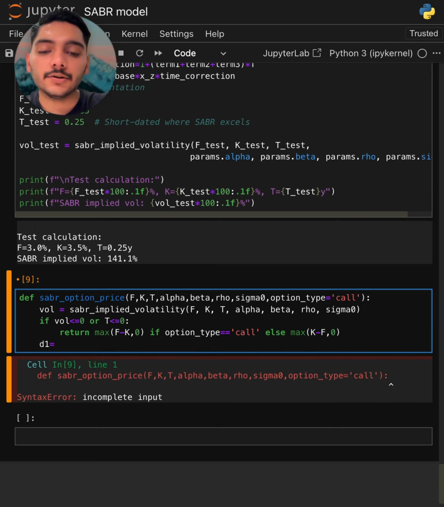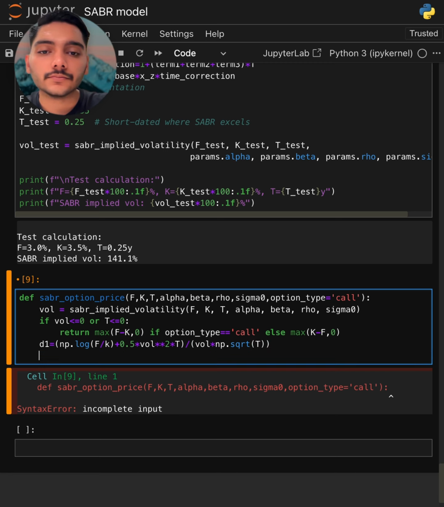The d1 will be equal to np dot log f by k plus 0.5 into volatility to the power 2 into t, divided by the volatility into np dot square root t, and the d2 will be equal to d1 minus volatility into np dot square root t.